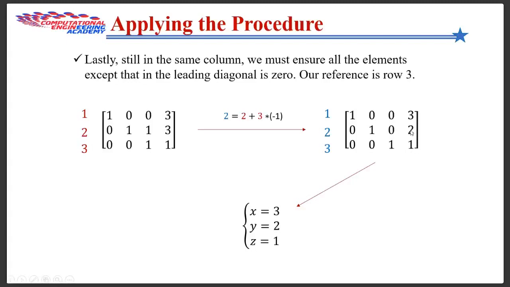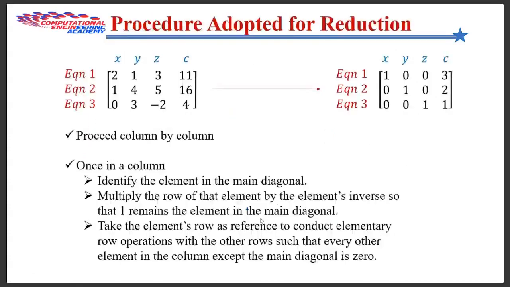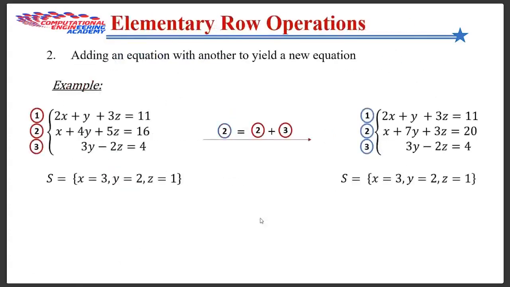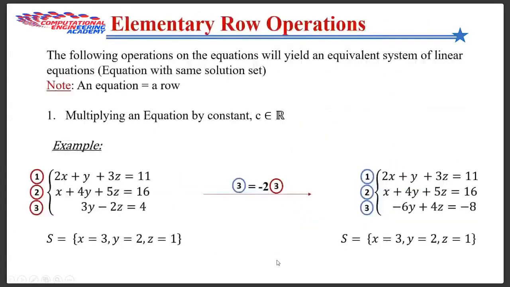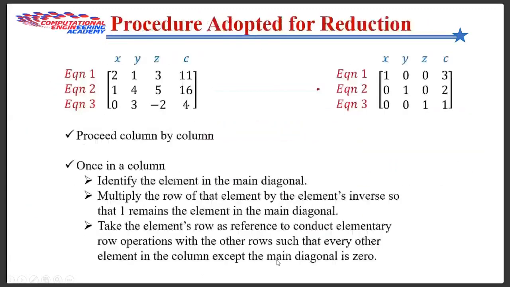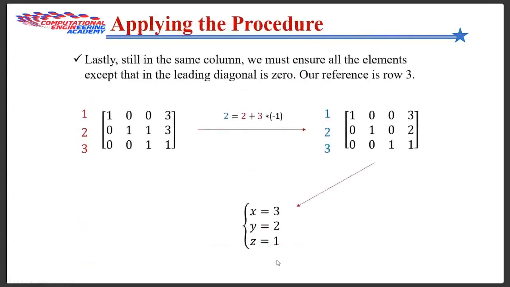So I think this rightly corresponds to what we had up there. The solution set, you remember. Let me go there. Good. The solution set, which is 3, 2, 1. So that's cool. Till now, that's cool. So this procedure should be mastered and understood.